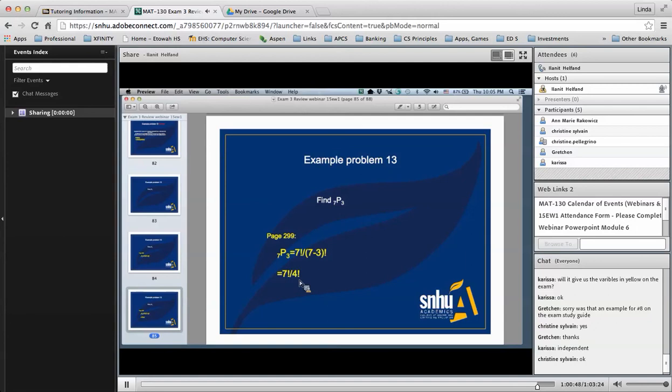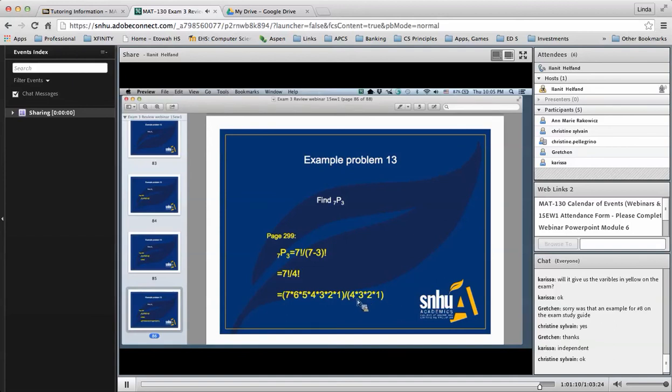Okay, so what's this factorial thing? What's this exclamation point? What it means is start to multiply from a number and go all the way down to 1. So 7 factorial is 7 times 6 times 5 times 4 times 3 times 2 times 1. And 4 factorial is 4 times 3 times 2 times 1.